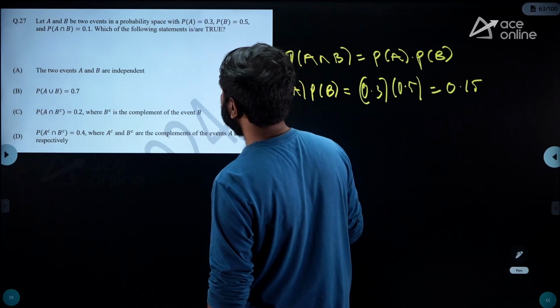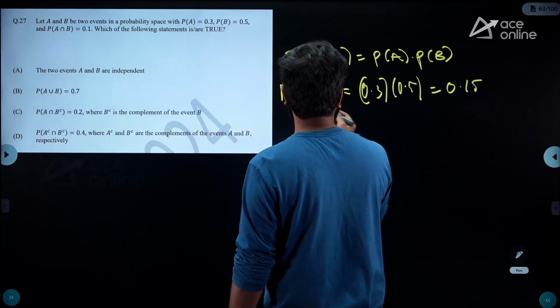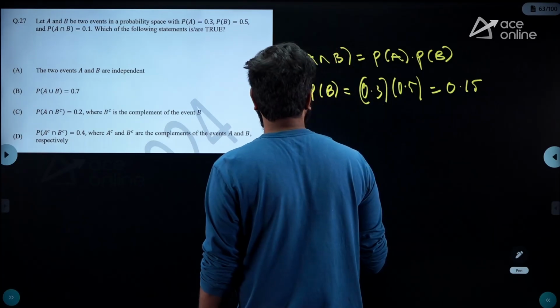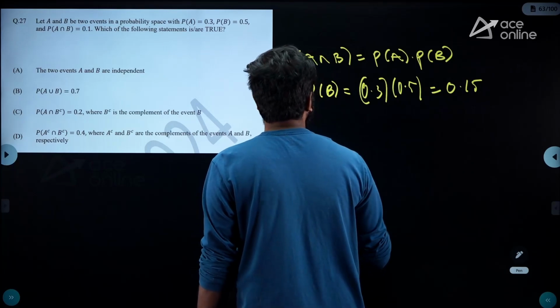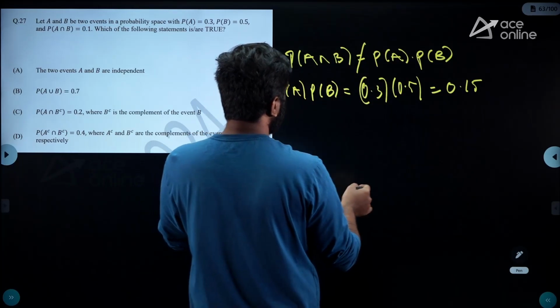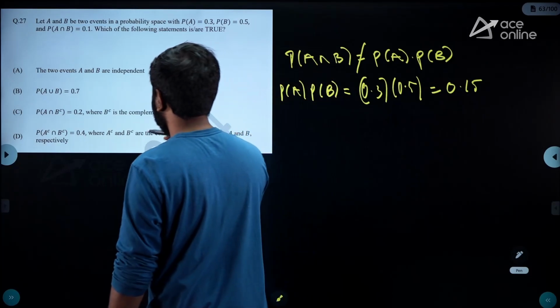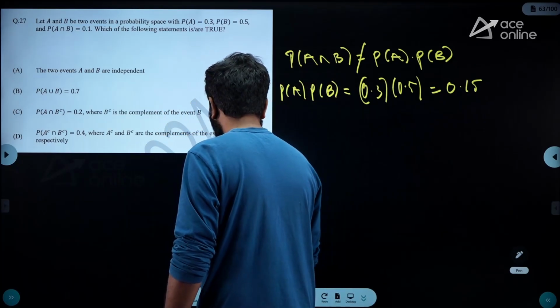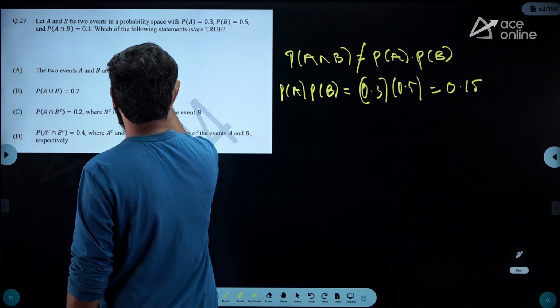So what is P of A intersection B? 0.1. So clearly this is not true. So this is not equal to this. When P of A intersection B is not equal to P of A into P of B, they are not independent. So the statement that A and B are independent is false.